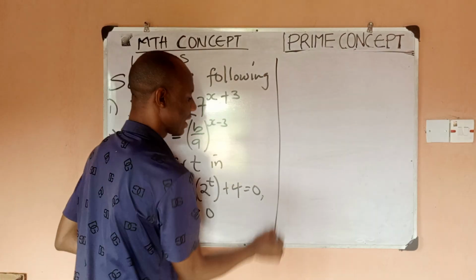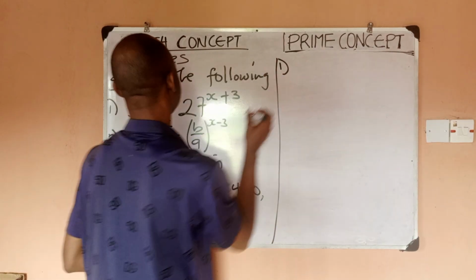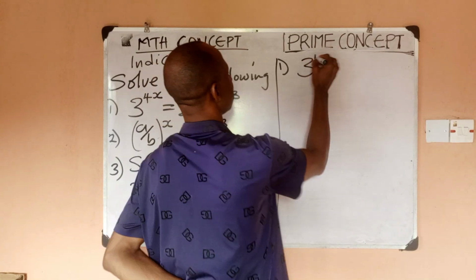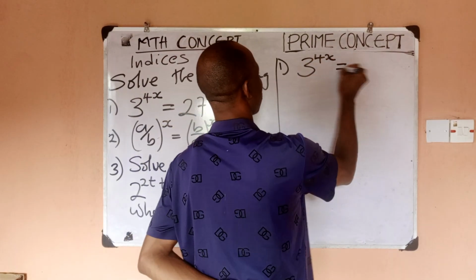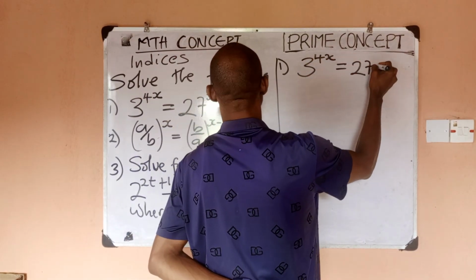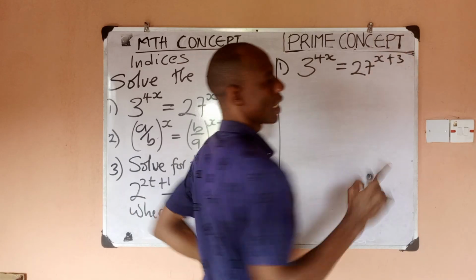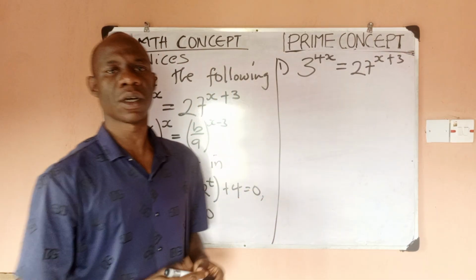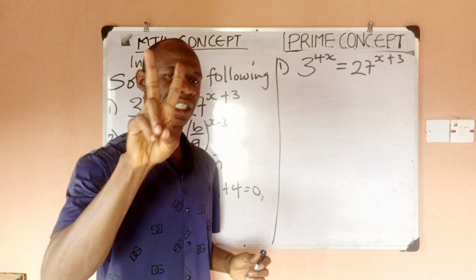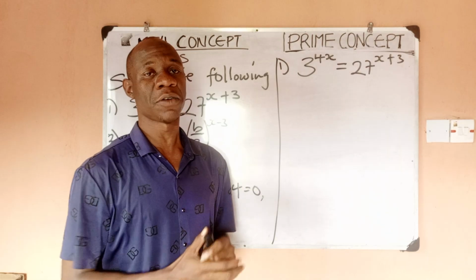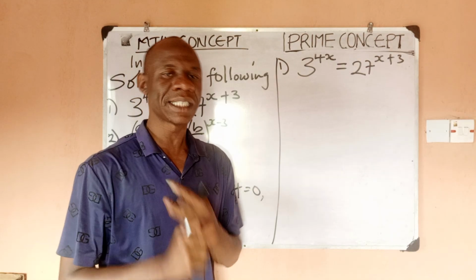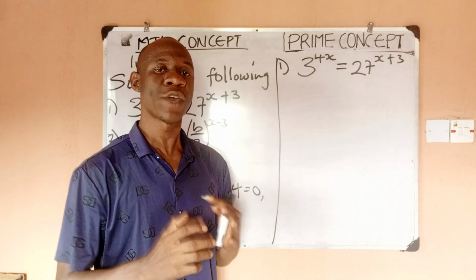Now, very quickly, let's start with the first one. 3 to power 4x equals 27 to power x plus 3. I mentioned that whenever you're solving problems under indices, 2 things should always be at the back of your mind. Number 1 is find a common base where possible.